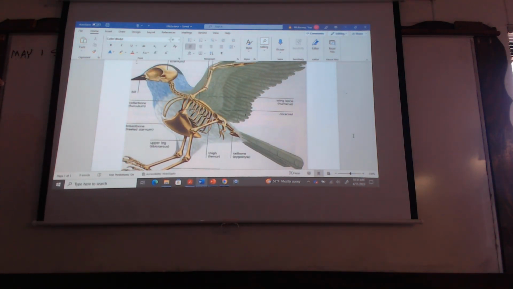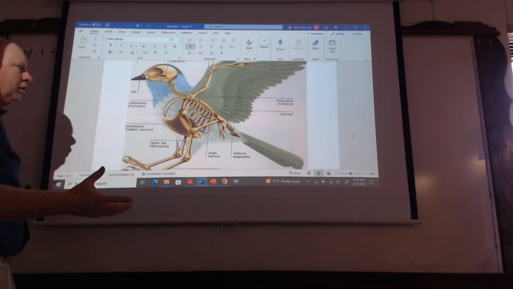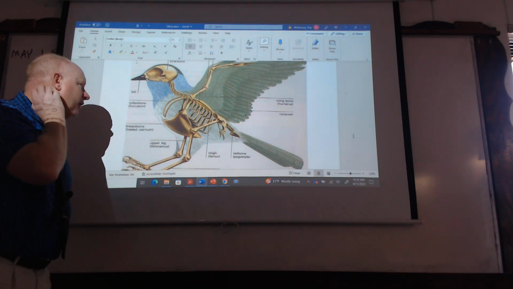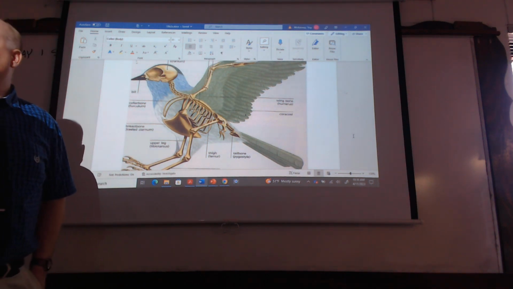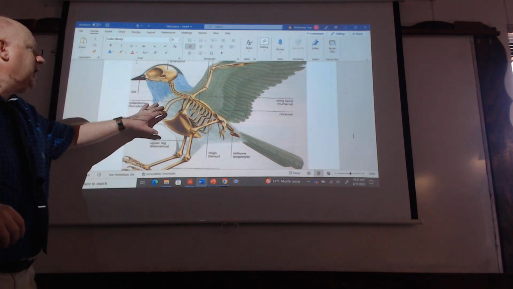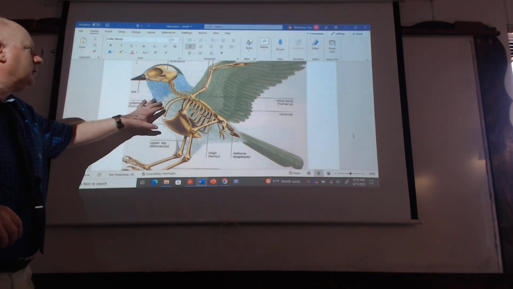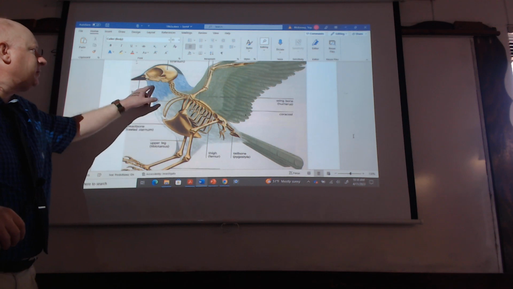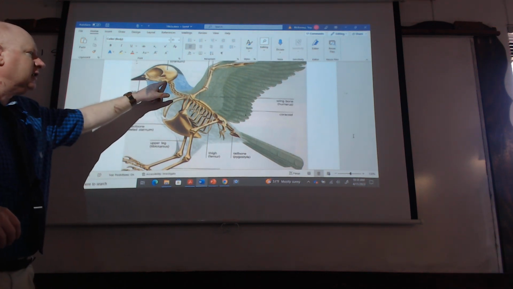It's very comparable to this diagram because when you look at the skeletal structure for birds, it doesn't matter if you're looking at an eagle, a crow, or in this case, perhaps a eastern bluebird, perhaps, because I'm looking up here at these structures.